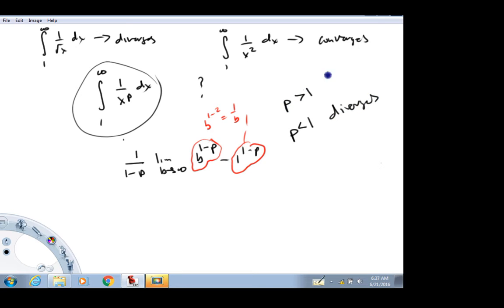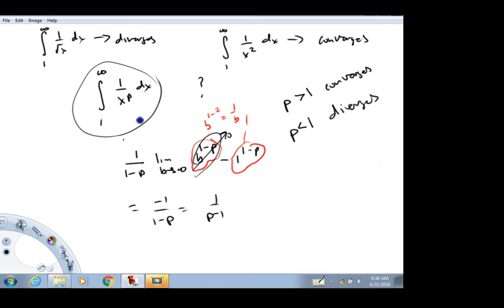If p is greater than 1, the integral converges to a value, and we even can tell the value. For any value of p greater than 1, this term goes to 0. This is minus 1 times 1 over 1 minus p, which we can write as 1 over p minus 1.